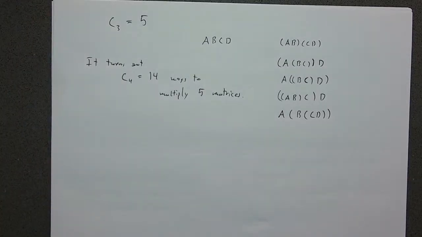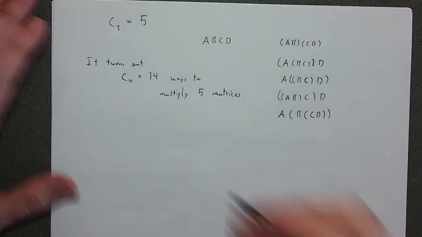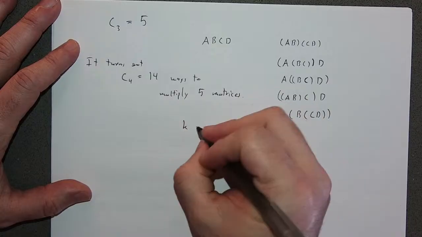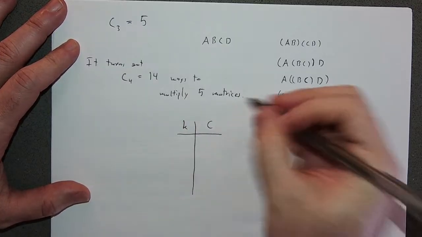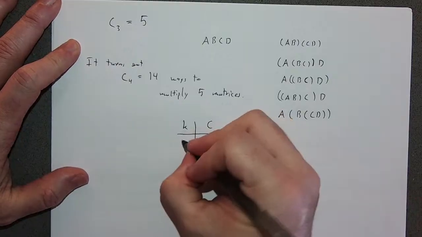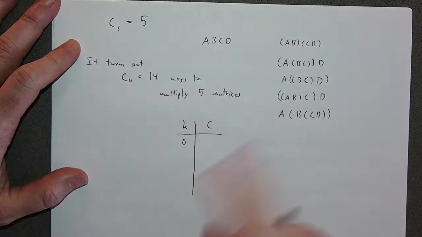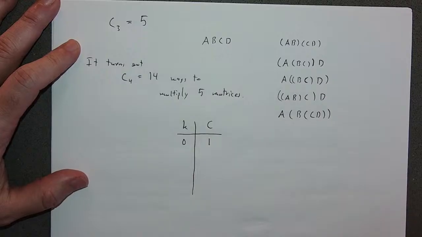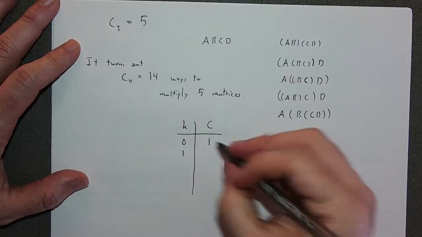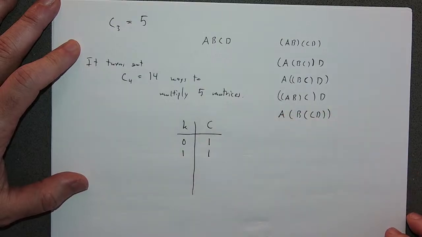Okay, so let's just record our results here. When k is 0, this corresponds to the product of one matrix, so there's one way of doing that. When k is 1, this is how many ways you can write the product of 2 matrices. Again, there's only one way of doing that.